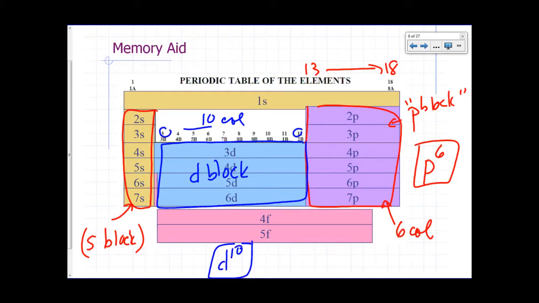And for the S block, the most number of electrons you can put in an S subshell is 2. So a good way to remember that these 2 columns represent the S block is that the most you can put in an S subshell is 2 electrons. And if you look at this one, you'll notice that this F block consists of 14 columns. The most number of electrons you can put in an F subshell is 14.